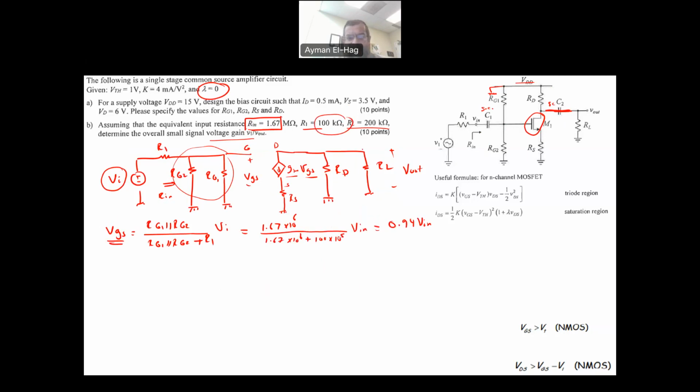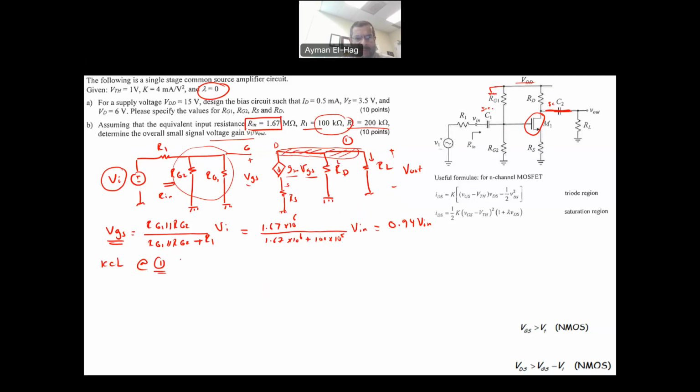Now, let's apply KCL here. We call this node 1. KCL at 1. All currents, assume them are leaving.